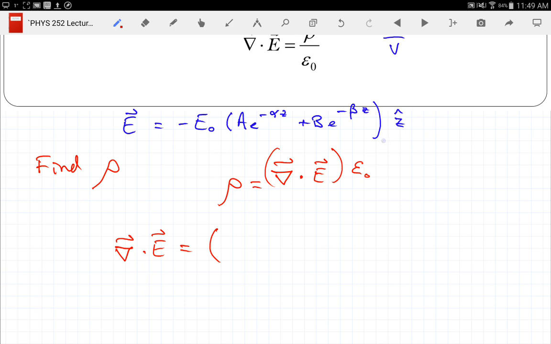I'm going to use x hat d dx plus y hat d dy plus z hat d dz. Dot that with... I definitely didn't leave myself enough space.